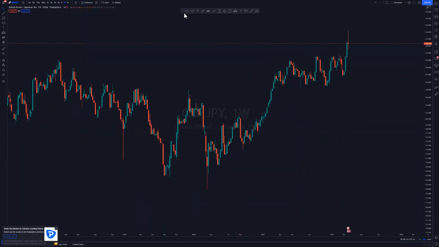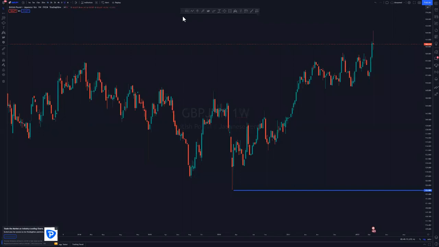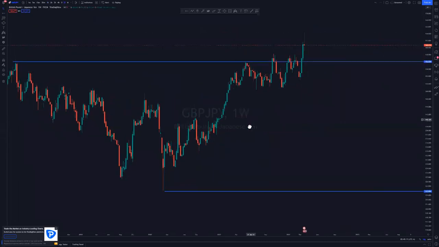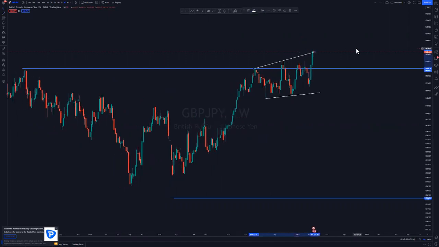With GBP JPY, this had to be the lowest low, and it happens that the highest high was broken. You see, the highest high was broken. So when it was broken, we're going to work on the structure that we have. We have the low here, and we had the high here, which price broke.